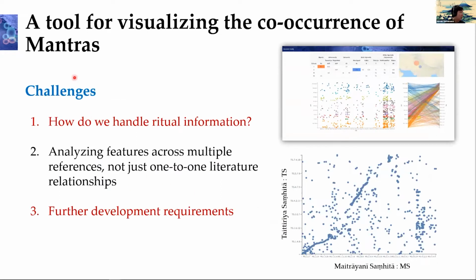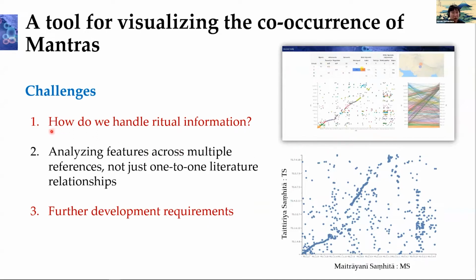so we can skip this. At last year's workshop, we introduced a graphical tool as shown on the right, and we listed several challenges at that time. The first one is that we need to consider the categorical information of the mantras.